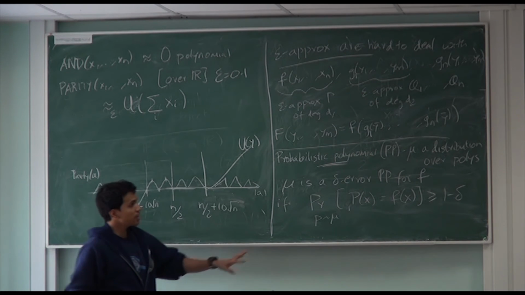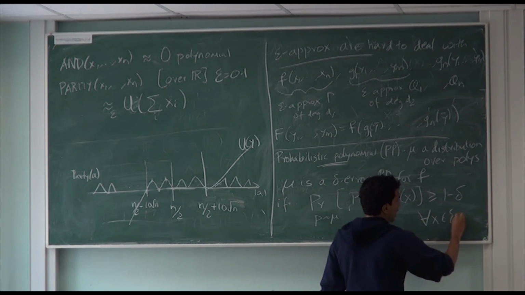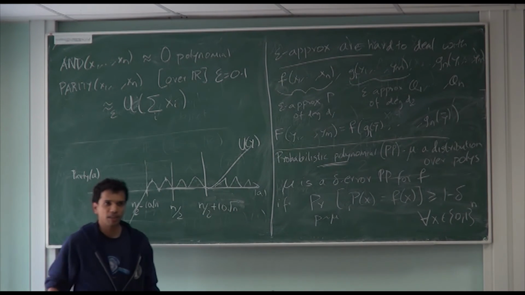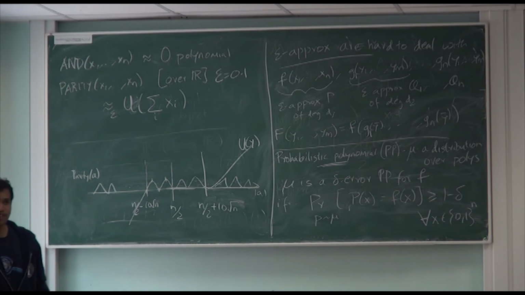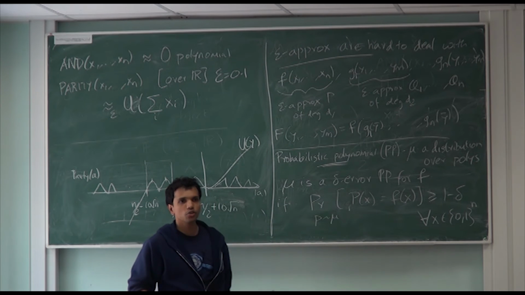The important thing to note is that this holds in the worst case with respect to inputs. So for all x in {0,1}^n, this is true with probability at least 1 minus delta. The error is only with respect to the randomness in the algorithm, which is the sampling procedure required to sample from mu.